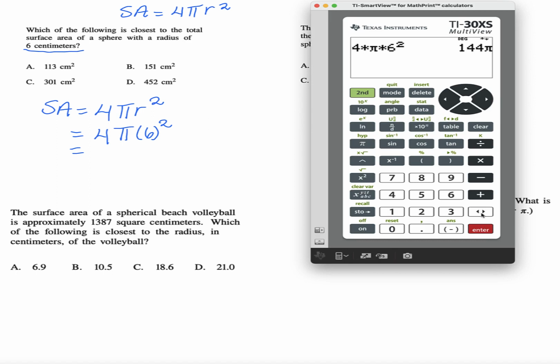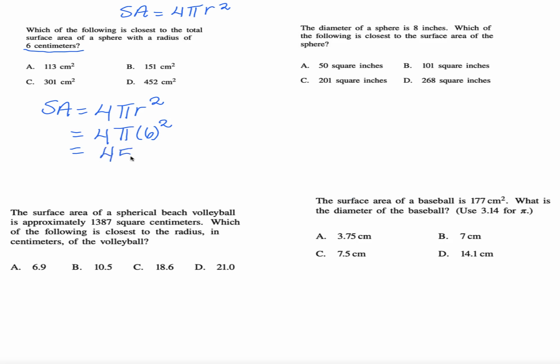You're going to have to press the toggle right here. When I press the toggle, notice my answer is 452.389. So I'm just going to round to the nearest whole number. That's 452, and our answer will be centimeters squared. So our answer is D.